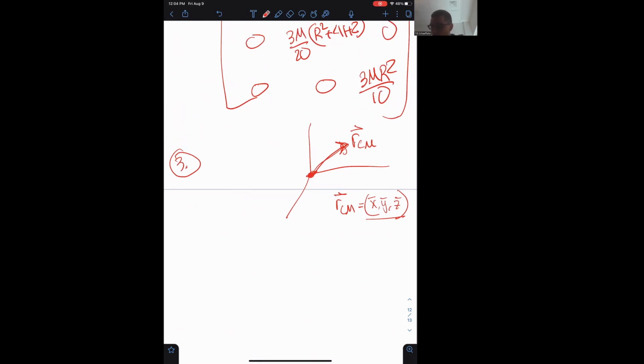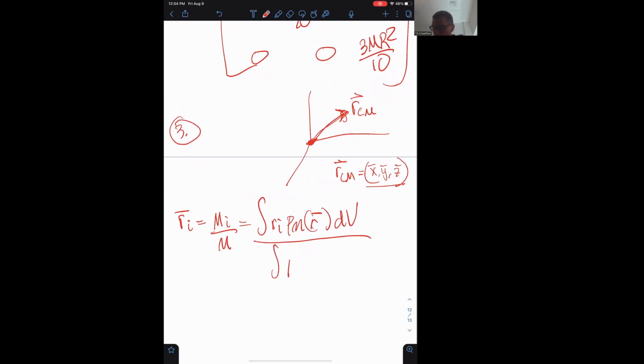And the formula we use to find those coordinates, in general, is R_i bar is equal to something called M_i over M. The way this M_i is defined is an integral over the coordinate of interest: R_i times the density function rho(r) dV, and then M is again just the integral of the density function rho(r) dV.